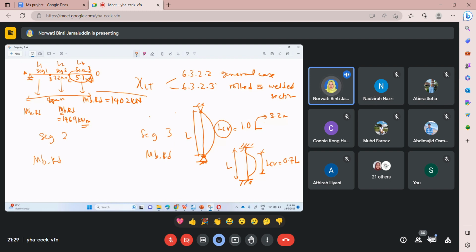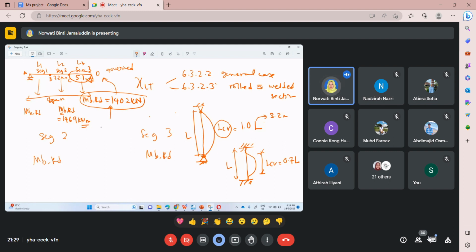So in this case, the MbRd for segment CD will govern this design. Because it has less resistance, it will fail first. So that will be the strength. Consider the ultimate strength for this structure. It will fail first, so the strength is based only on its capacity. So MbRd is 1402.